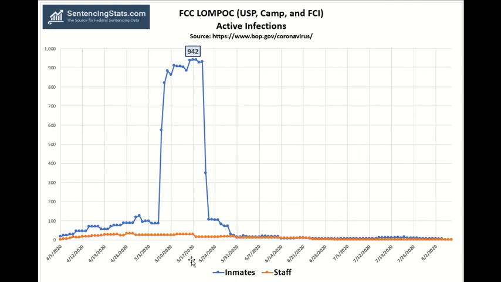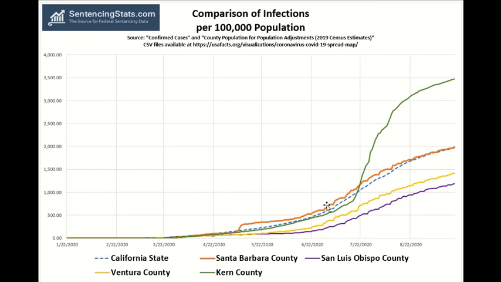Here, despite no infections anymore at the facility, the surrounding county's rate of infections continues to grow, and Santa Barbara County is a rather small county. I think it has less than 200,000 people in the entire county.